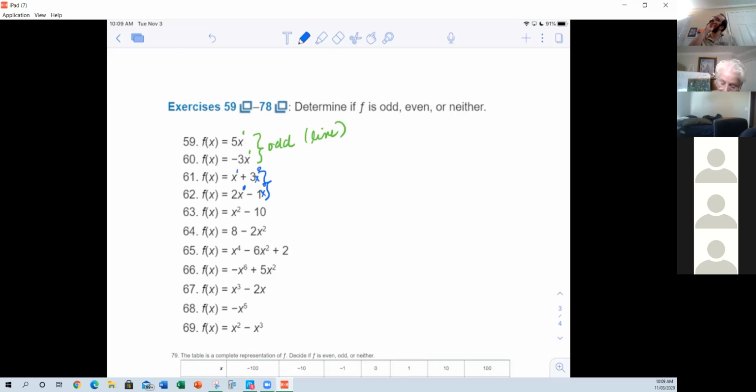Okay. What would these two graph to be if you were to graph them? What would they look like? Y equals mx plus b. What is that the equation of?